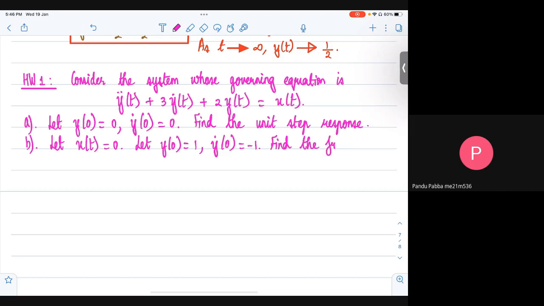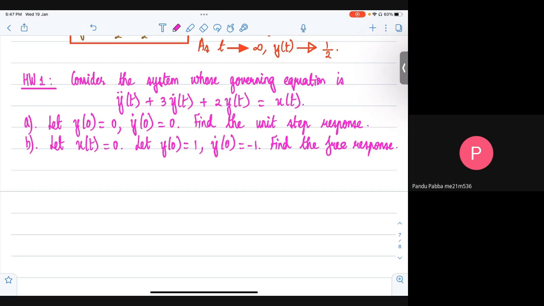Now there is no input, but you need to go back to the Laplace transform of y of t, substitute y of 0 equals 1 and y dot of 0 equals minus 1, and take the inverse Laplace transform of the corresponding function to get y of t, and that will be your free response.